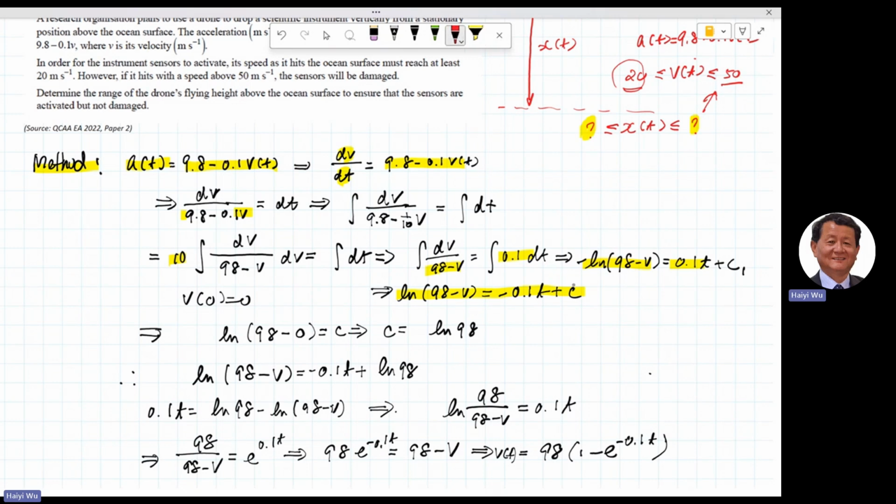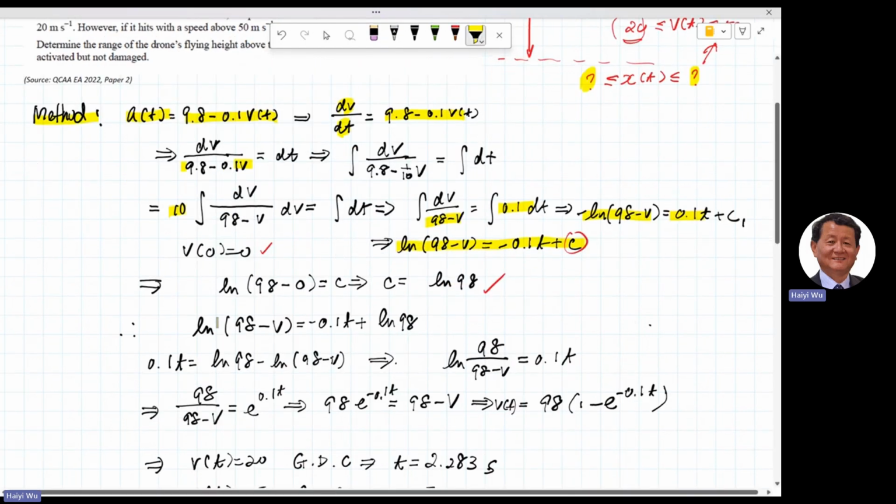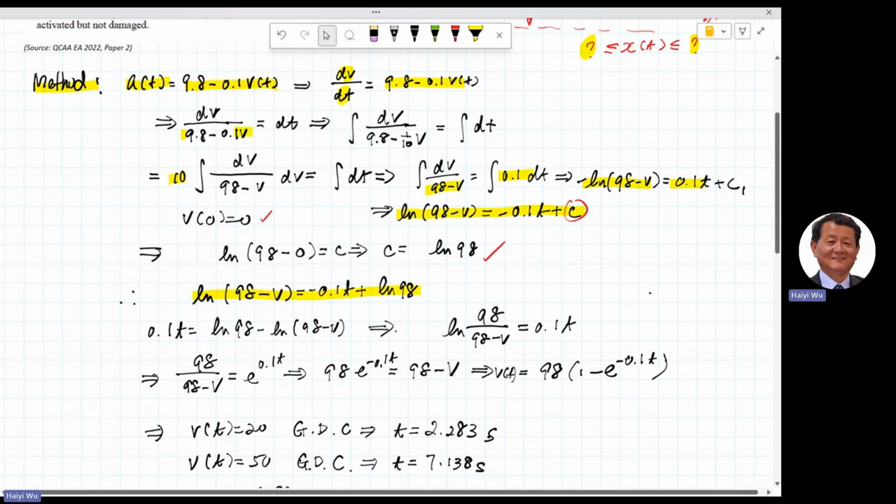Now we're going to decide what C is. We're given the initial value, velocity when time is 0 is 0, so we substitute 0 into the function. So C is log 98. Therefore, for the velocity with respect to time, I'm going to undo the log and move things around.